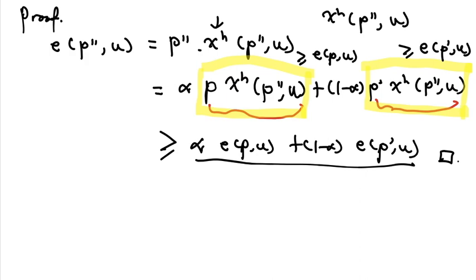It has a very significant role, because later it's going to show the negative semi-definiteness of the Slutsky matrix that you need to learn later. All right, so that's the proof for concavity in prices of the expenditure function.